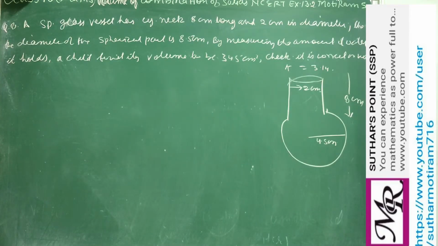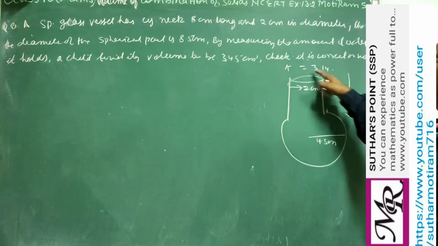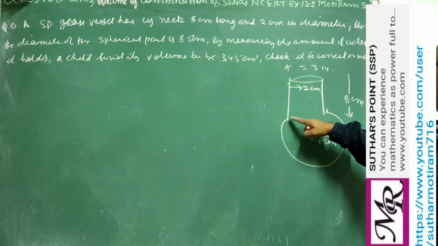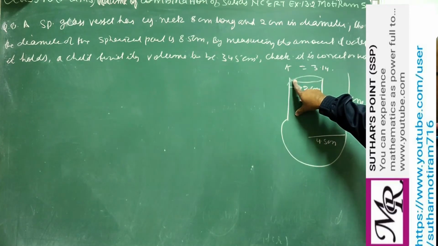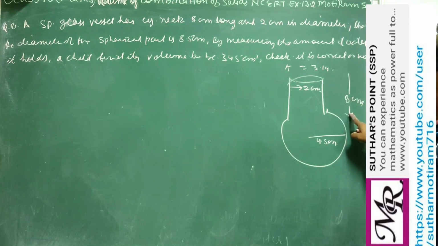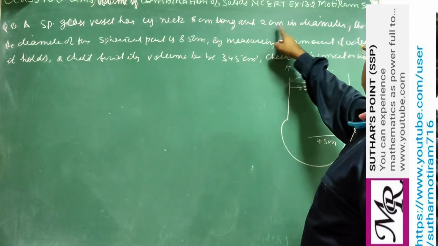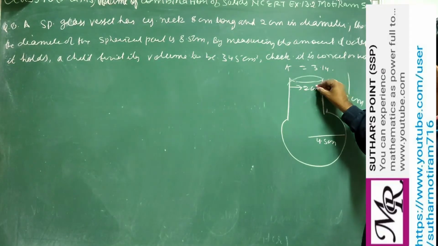Question number 8c: a spherical glass vessel has a cylindrical neck. So we are given a spherical glass vessel whose neck is in the form of a cylinder, which is 8 centimeter in height and 2 centimeter in diameter. So this is the cylinder.